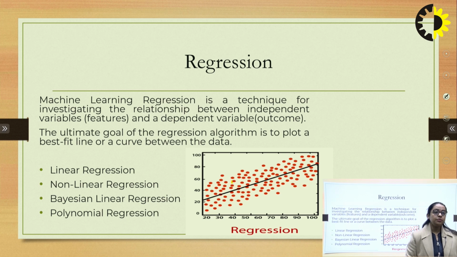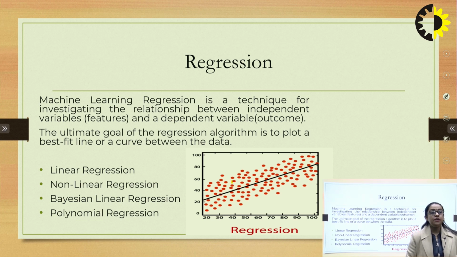So, it is a technique of supervised learning where we have to identify the relationship between independent variables and dependent variables. Here, independent variables are referred to as features or attributes, over which we are going to group or distinguish our data elements.